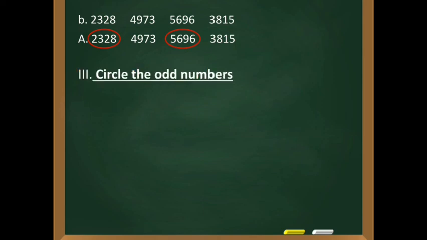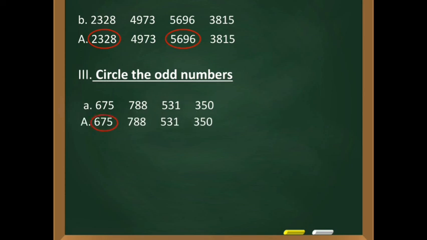Third bit, circle the odd numbers. 675, 788, 531, 350. So 675, is it an odd number or an even number? Odd number because it is having 5 in ones place, so circle it.